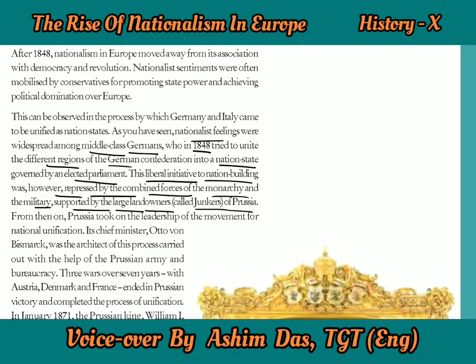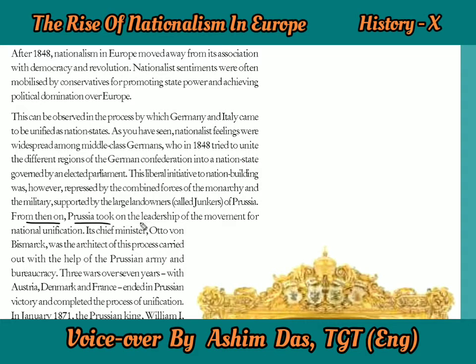The kings and the military did not want these middle class people of the German Confederation to come together, and they were supported by the large landowners, also known as Junkers of Prussia. The monarch, the military and the Junkers had an alliance together, and they tried to stop the middle class people of Germany.